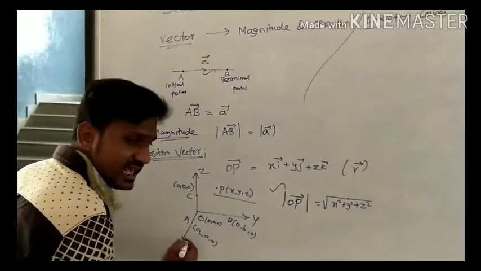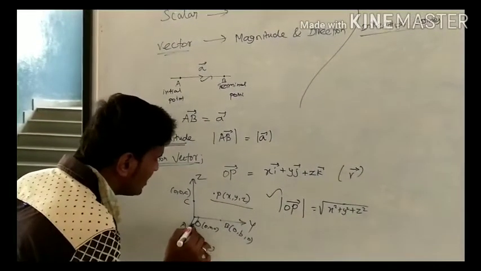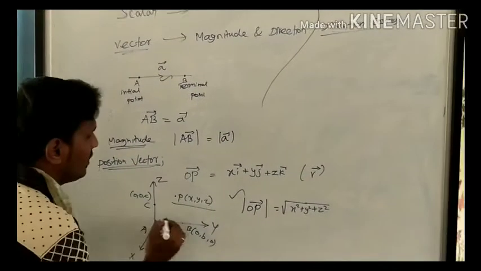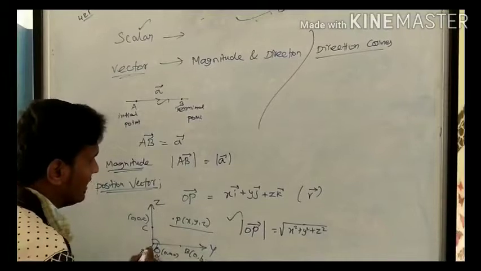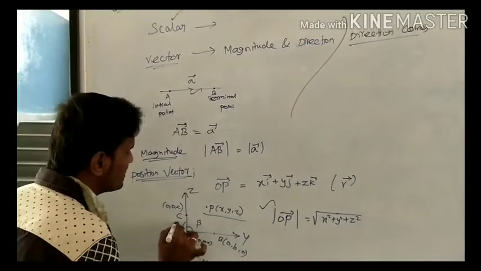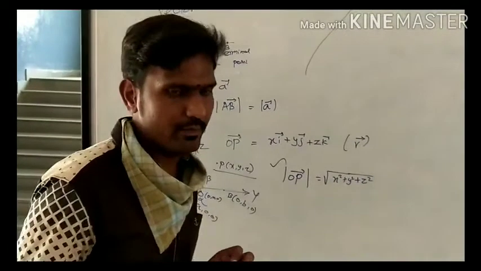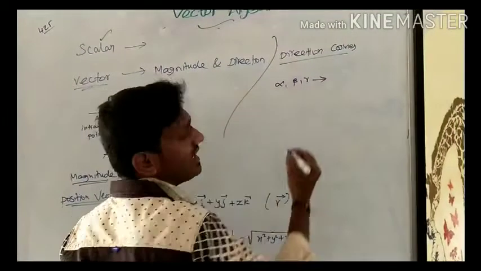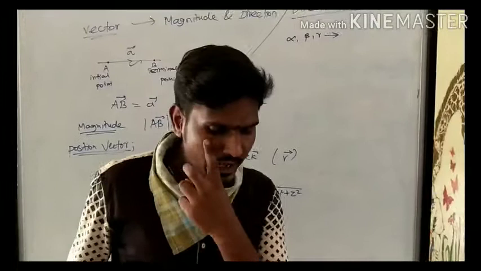When the x axis makes an angle with the origin, that is mentioned by alpha. When the y axis makes an angle, it is beta, and the z axis is gamma. So the alpha, beta, gamma, these three things we are going to mention as direction angles.